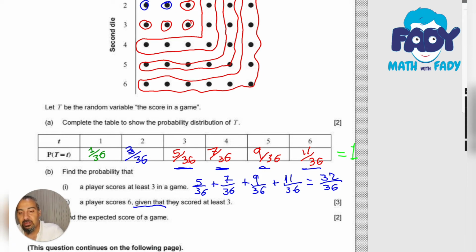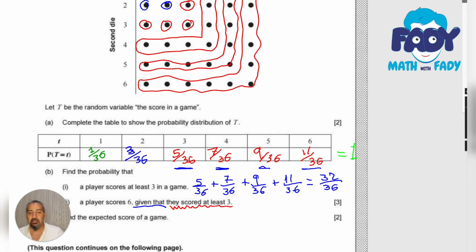Whatever comes after "given that" will be the denominator. This is the pool that we are selecting from. So we are selecting from those who scored at least 3, and finding the probability of a player scoring 6 out of them.